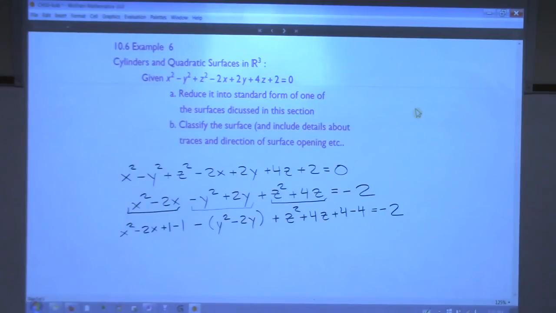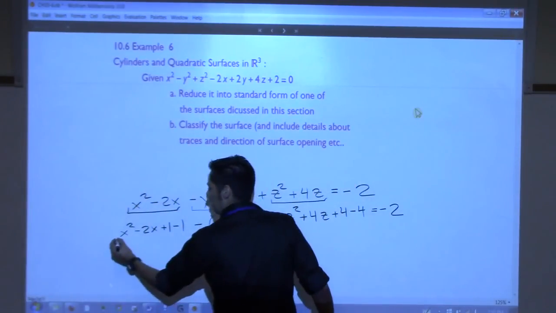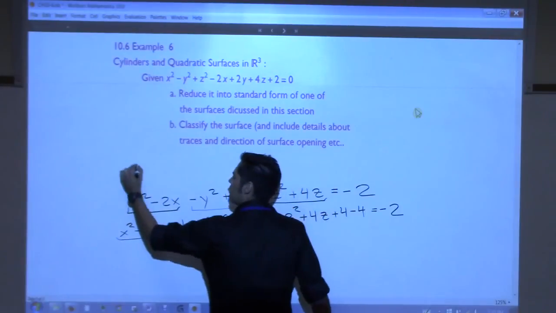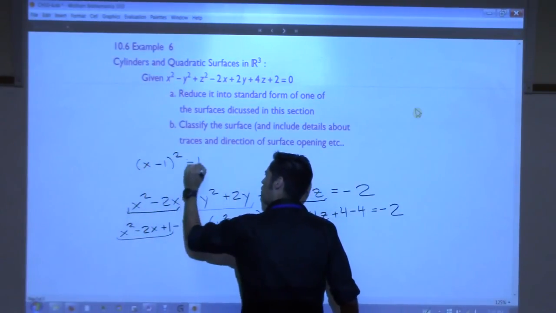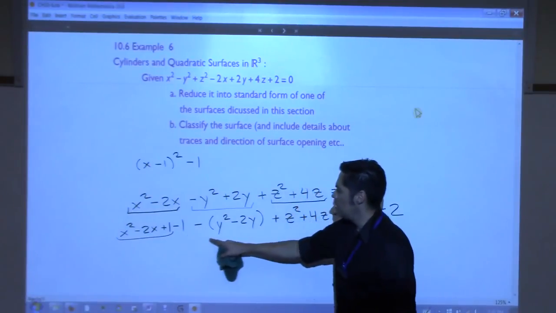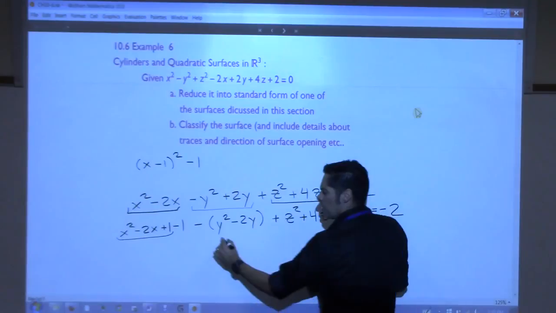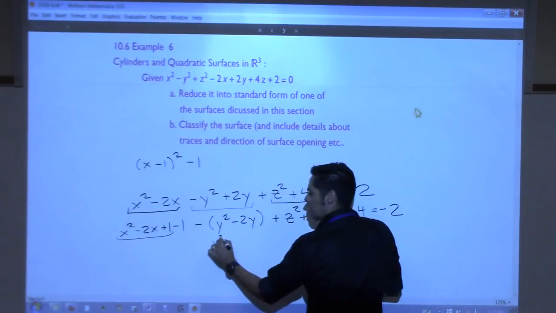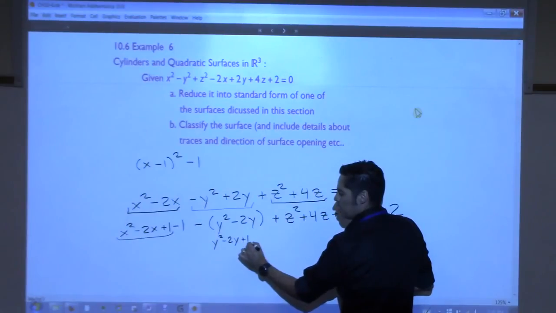We've done this already. That's why I'm kind of not really saying a lot. Okay. These 3 turn into x minus 1 squared, then I have minus 1. I never completed the square on this one. What would it have been here? y squared minus 2y. We did what in here? Plus 1 minus 1 again?